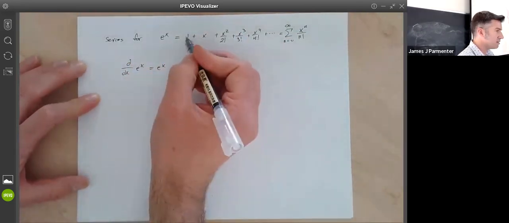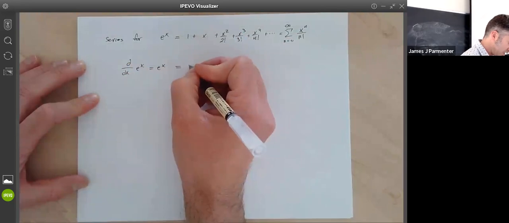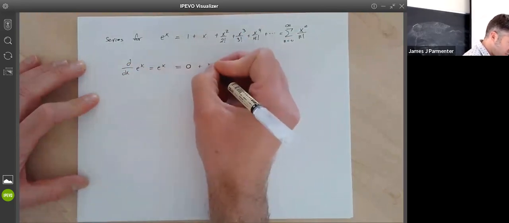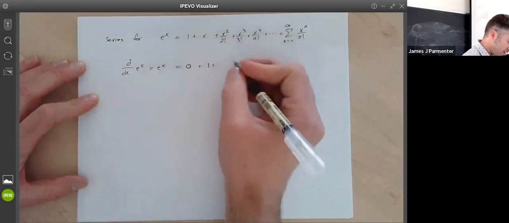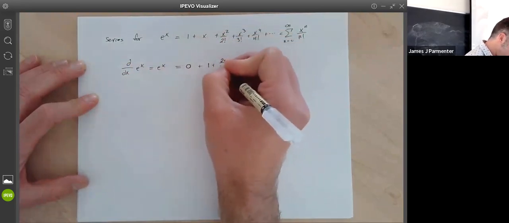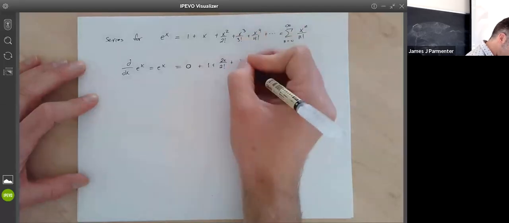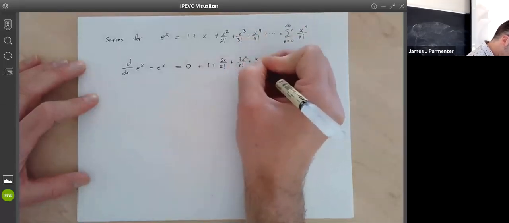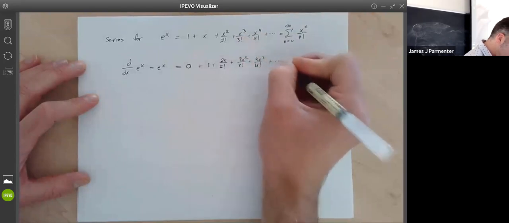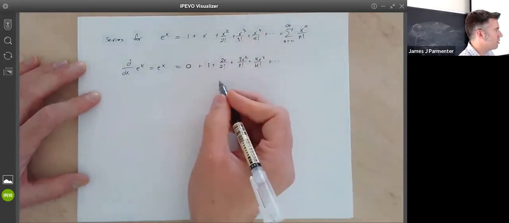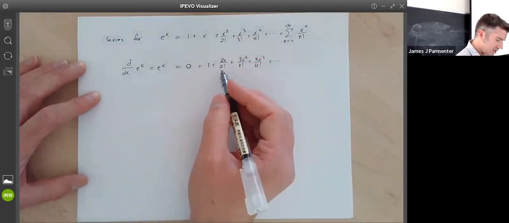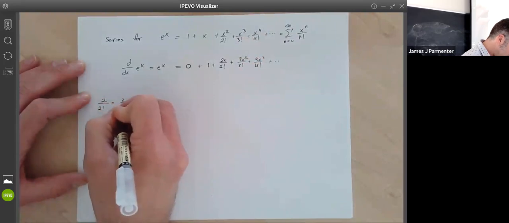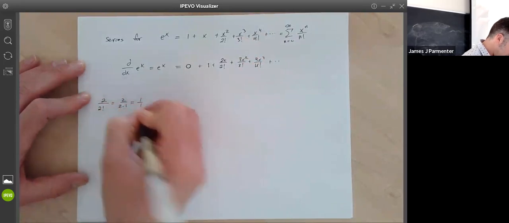What's the derivative of 1? 0. What's the derivative of x? How about the derivative of x squared? The derivative of x cubed. But look, what's 2 over 2 factorial? Well, that's 2 over 2 times 1, which is just 1 over 1.